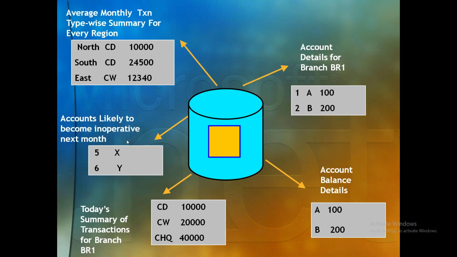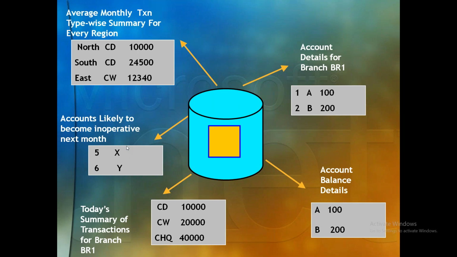Accounts likely to become inoperative next month. So what is this? I want to know who did not do any transactions for, say, more than 6 months. Clear? So I want to write a query and use it. If you don't do any transaction for more than 6 months, what will happen? You have already crossed 5 months, so next month will be your sixth month.